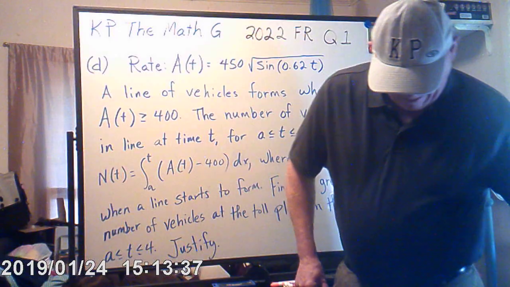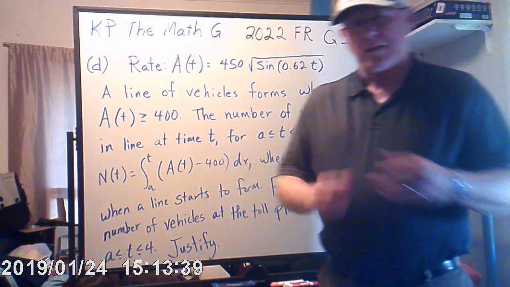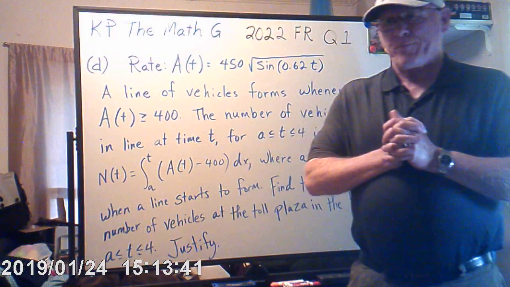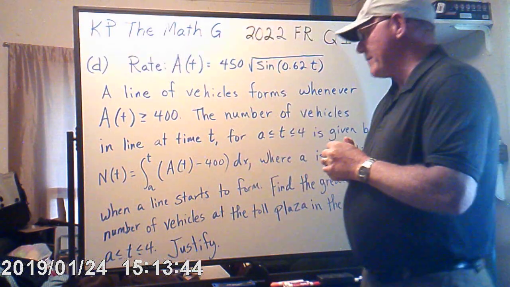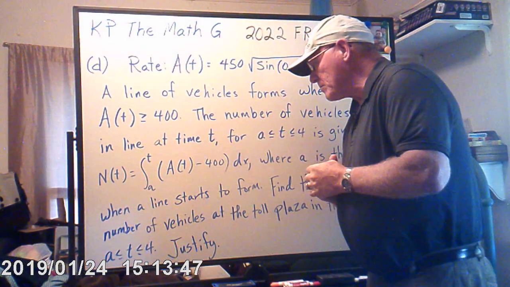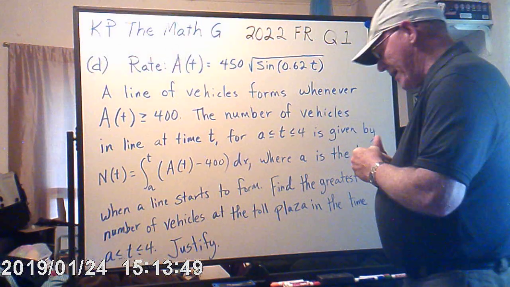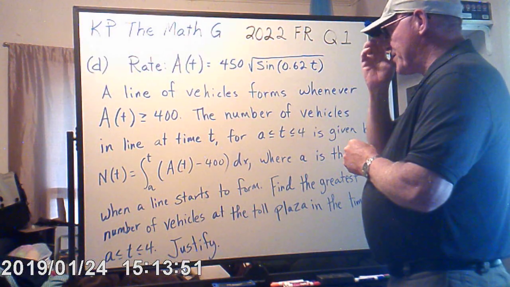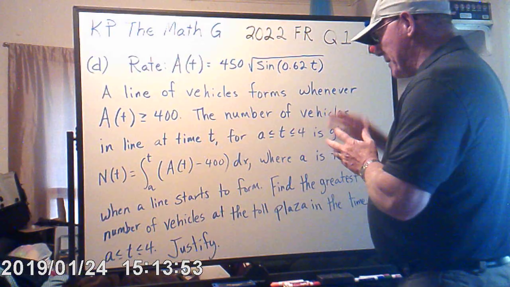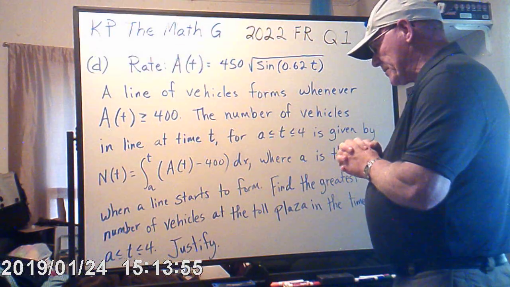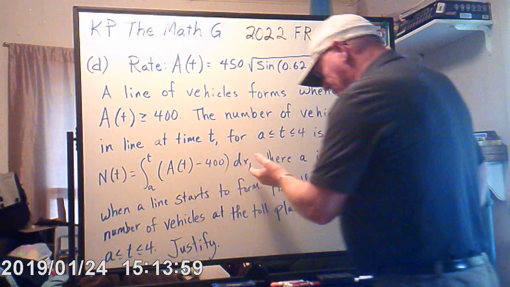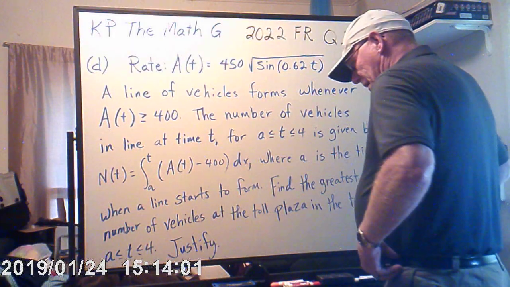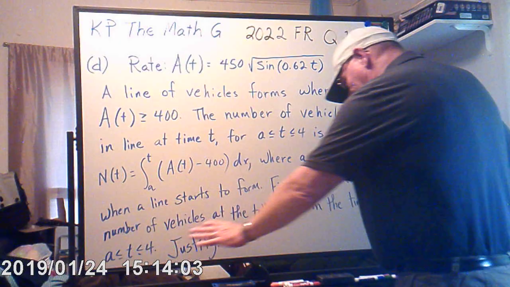There are some things that we need to look at when we are observing a problem like this. Here's the rate, and the integral gives the number of vehicles at this time on this time interval.